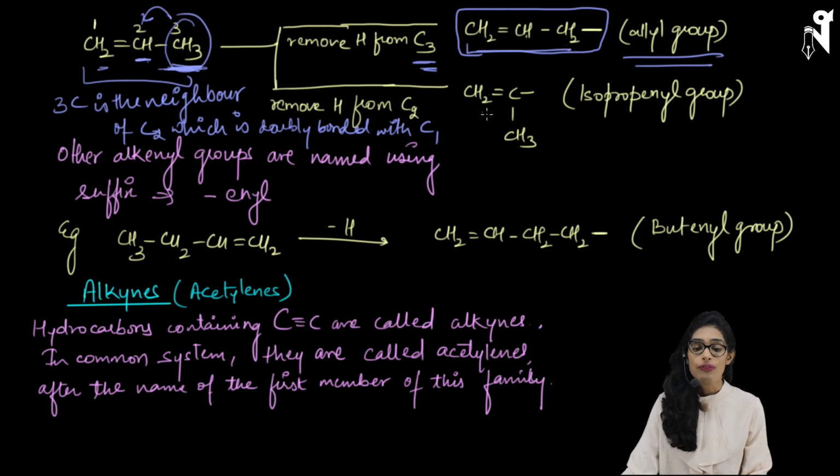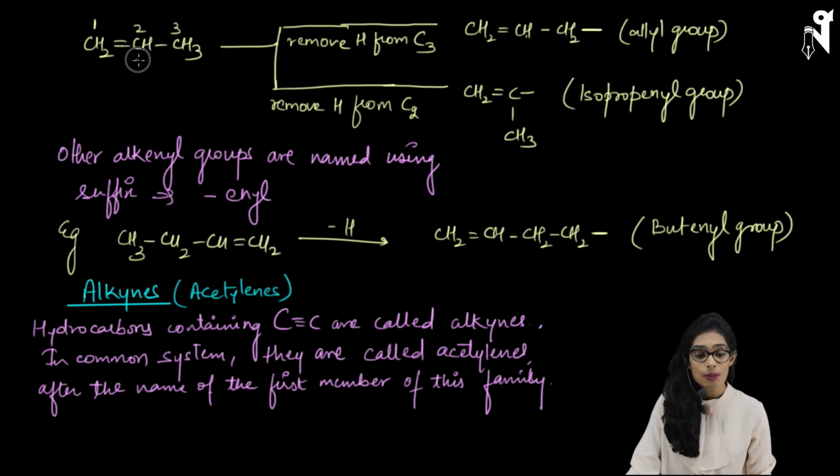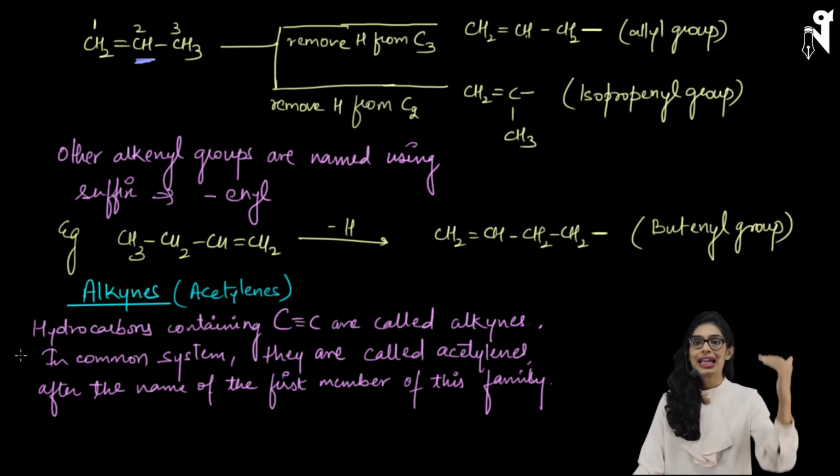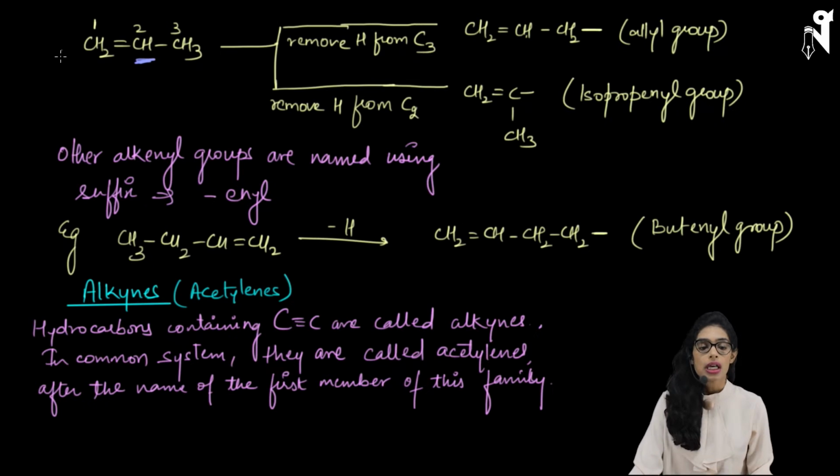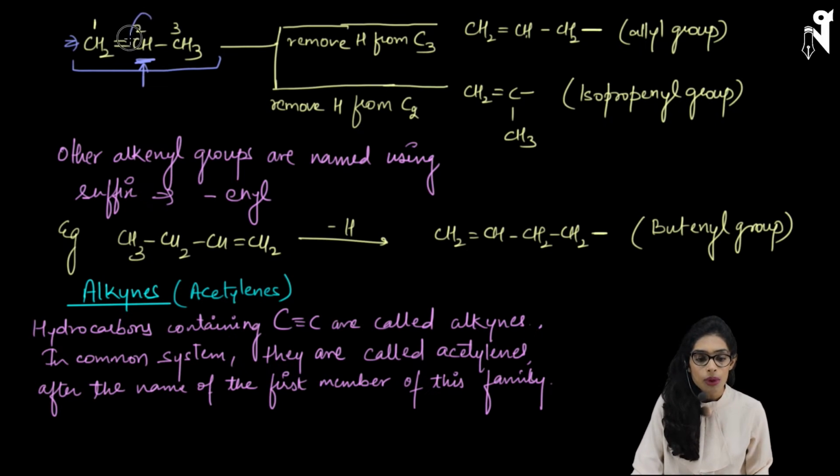Okay, now let's see the second part, from where the hydrogen has been removed. Now if the hydrogen has been removed from the second carbon over here, which is the inner carbon, not the outer carbon, so there are two carbons in the chain. One is the outermost carbon carrying a double bond, and another is the inner carbon carrying a double bond. So I'm talking about the inner carbon right now, which is the second carbon.